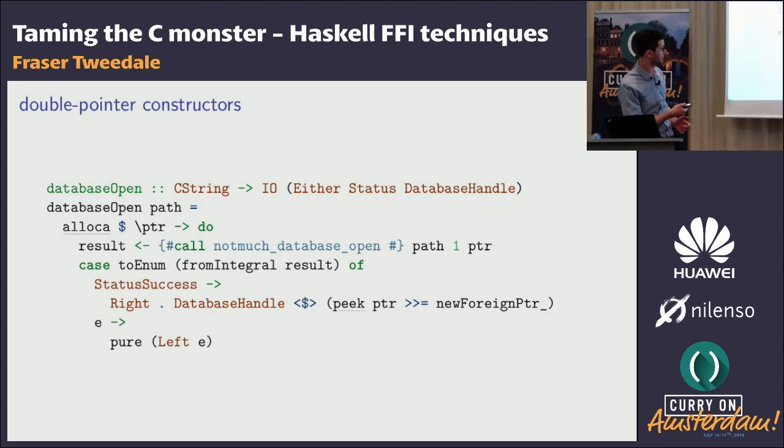If it was a success, then we peek the pointer to actually read the pointer out of that memory we allocated, wrap it up in a foreign pointer, and that's the result in the Right constructor. And if the return value from notmuch_database_open was not a success, then we just return Left e for the status code that was returned. So we can signal that the operation failed and this was the failure code.